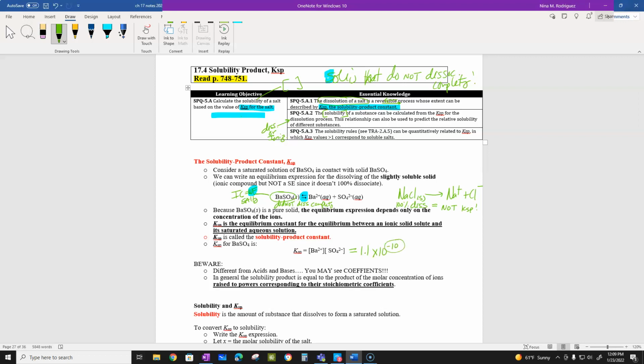about this exponent? The more negative that exponent is, that means it barely dissociated. It hit water, and basically what happens is you had barium sulfate in solid form, hit water, and you pretty much still have the solid sitting on the bottom.